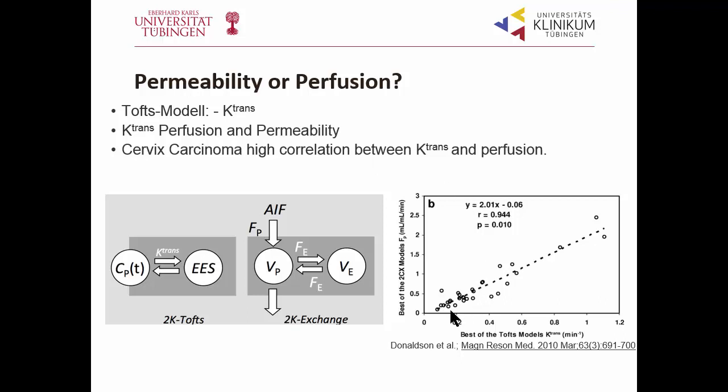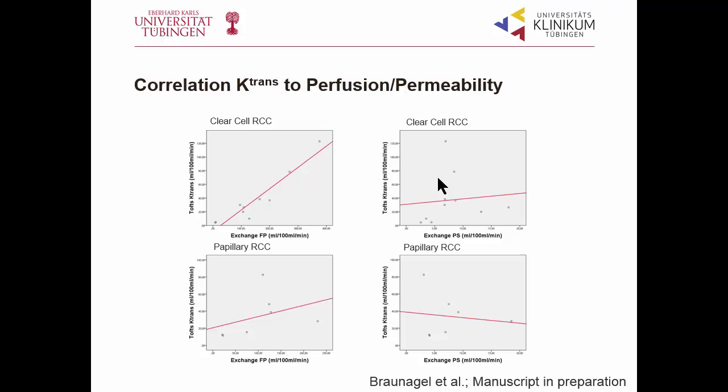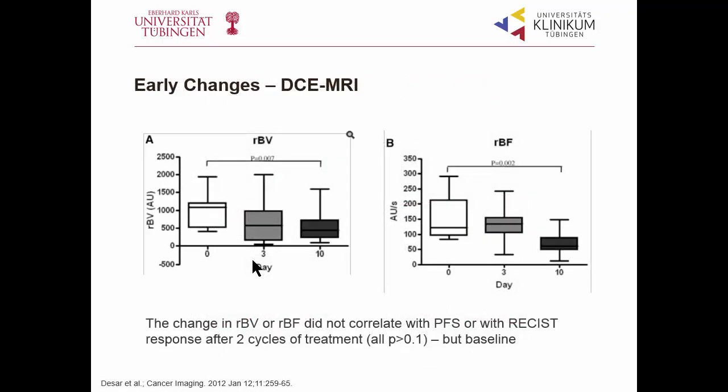In a nice study performed in Leeds, one could see that there was a significant correlation between the perfusion measured with a 2-compartment model and the Tofts model, so that in cervix carcinoma, we are measuring perfusion when assessing K-trans, and we have similar data for K-trans and perfusion in renal cell carcinoma. At least in clear cell carcinoma, we can see that K-trans significantly correlates with plasma flow, but this does not hold for papillary renal cell carcinoma because this is a more hypoperfused tumor.